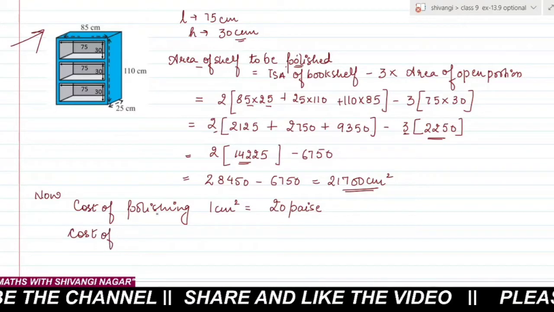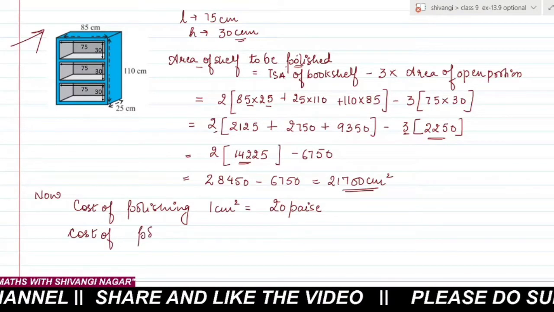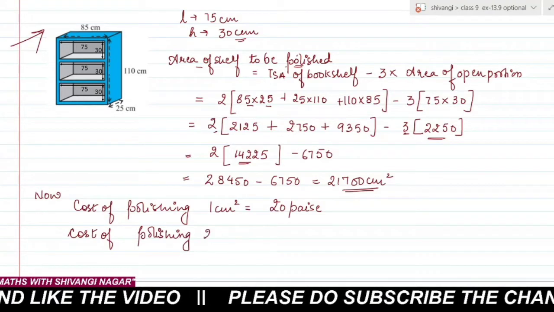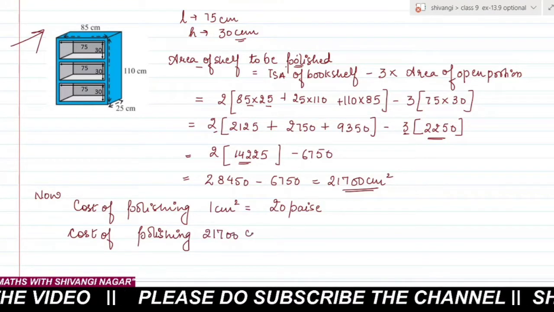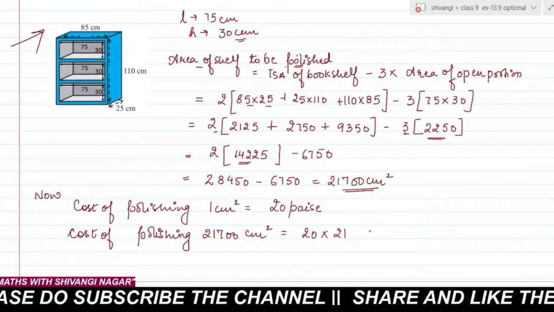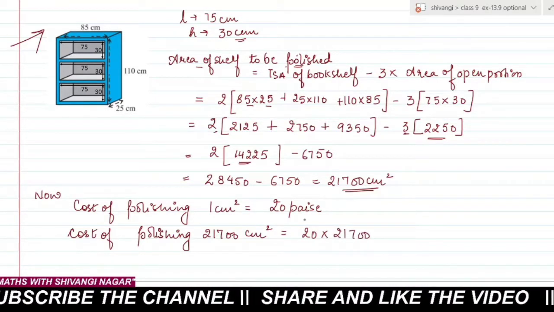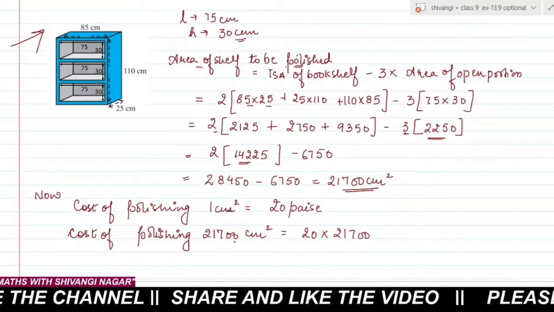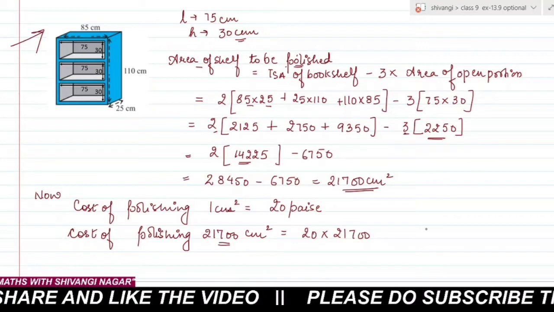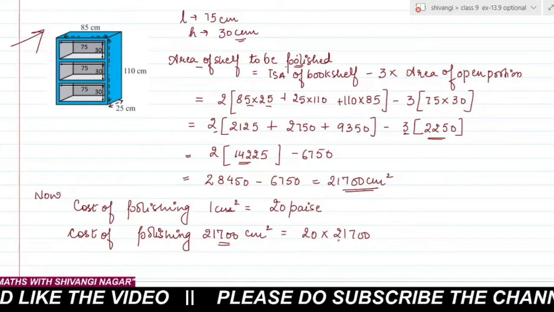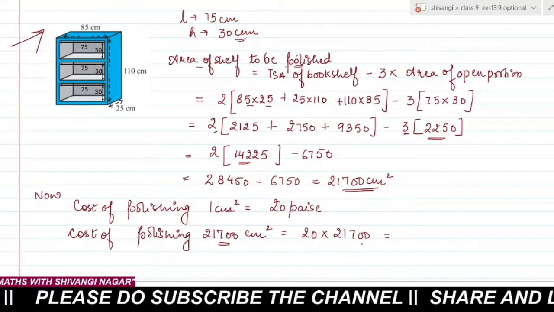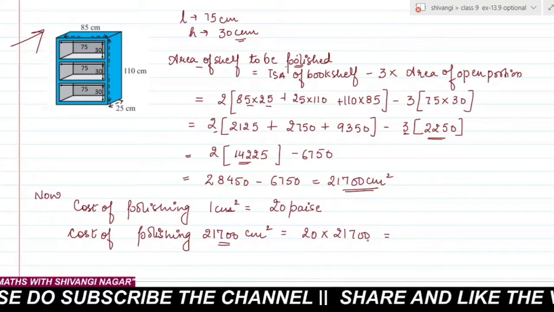So the cost of polishing 21700 centimeter square is nothing but 20 into 21700. We multiplied the cost per centimeter square with the total area to get the total cost. Now I am dividing this by 100, because if you solve this you will get the answer in paisa, and I want my cost to be in rupees.